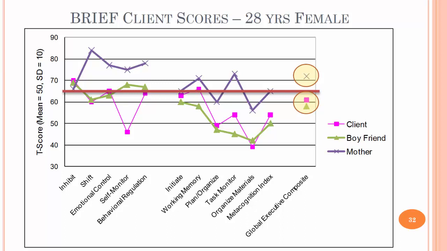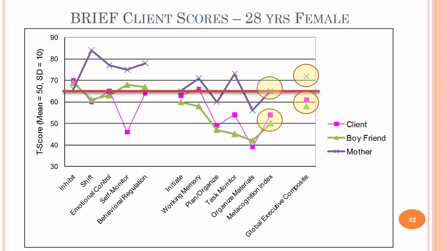Now, this gross comparison is a good place to start. As we begin to develop hypotheses about the information we're collecting and how this would point us to performance tests that we're going to administer in a little bit, this gross comparison may provide us with indicators of sensitivity or bias as we compare each rater's observation of the client's behavior in the month prior to administration.